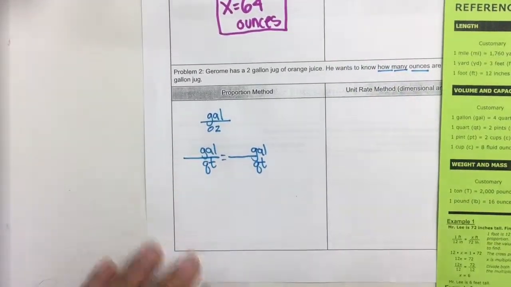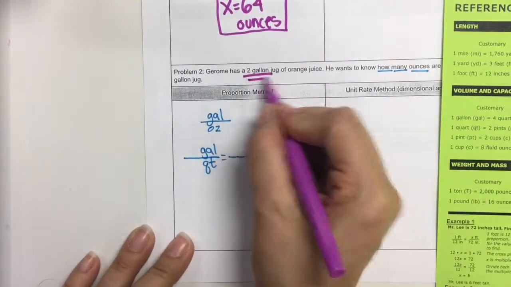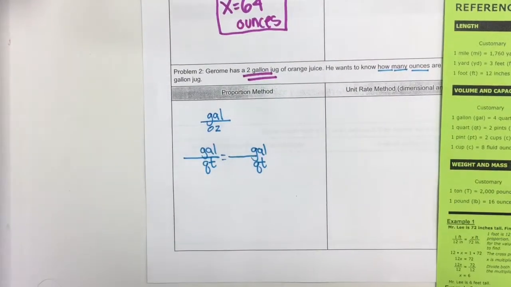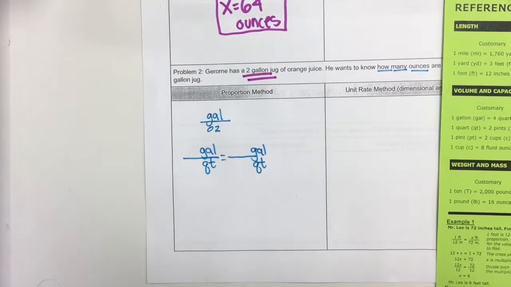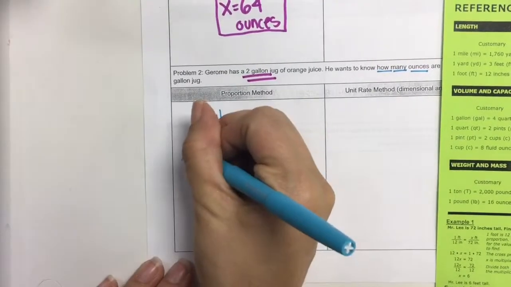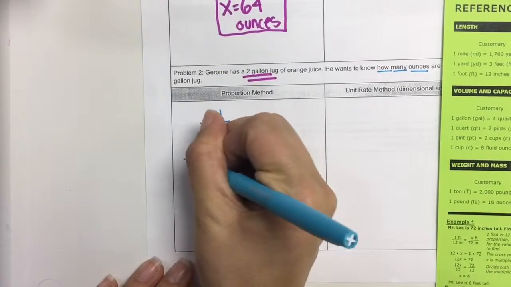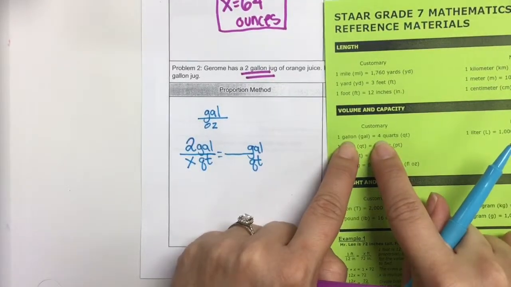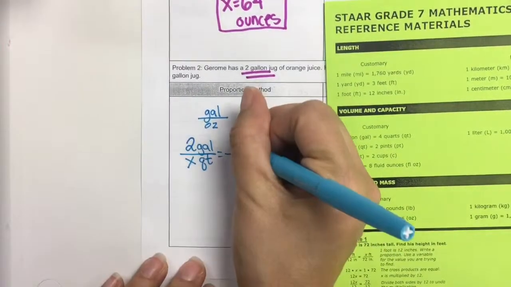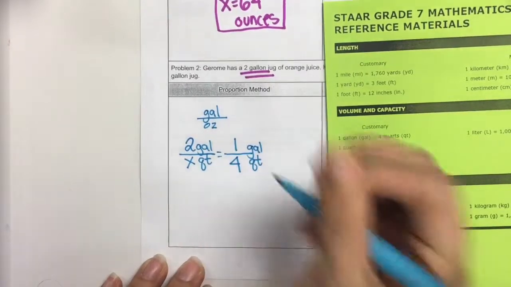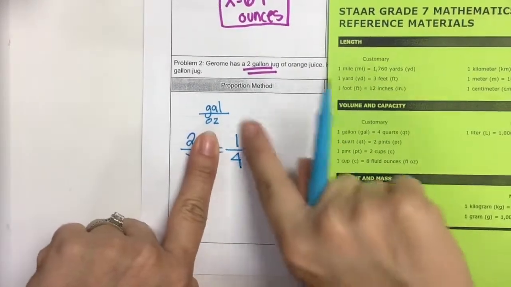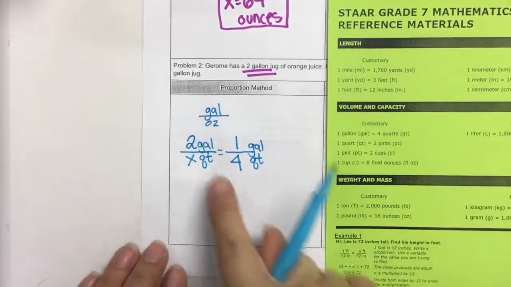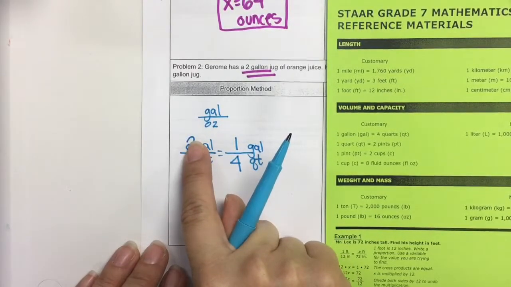Well, I know that I have a 2-gallon jug of orange juice. So I'm going to go ahead and say, if I have 2 gallons, how many quarts is that? Well, what do we know about gallons and quarts? That 1 gallon is 4 quarts. So I'm going to go ahead and pull that over here. 1 gallon is 4 quarts, and that's a ratio all on its own, so that needs to be together. And then we don't know how many 2 gallons is.